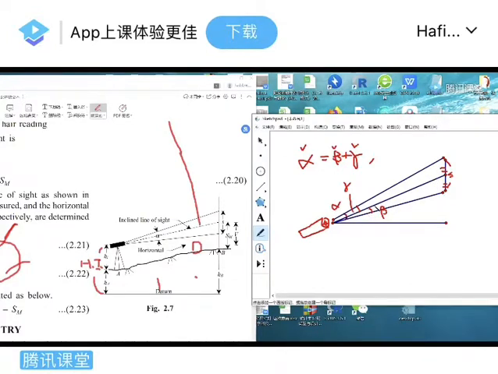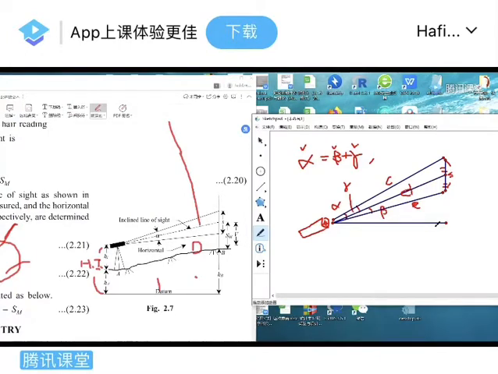Use the cosine law first. Suppose the distance of this one is d, this one is c, and this one is e. These are the three distances: c, d, e.